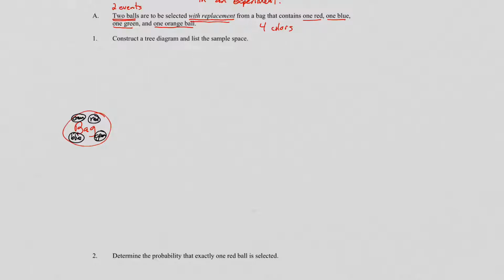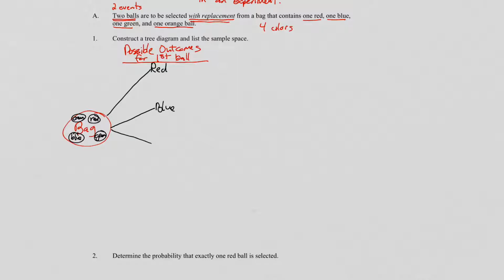And so from that bag, the first event, or the first grab, could be red, and up here they're going to be called possible outcomes for the first ball, the first grab. We could also have a blue ball picked.